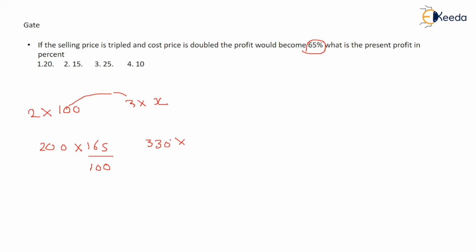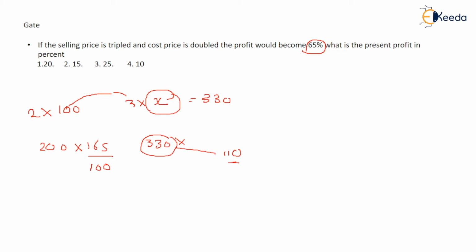And how much is it? Three times x. So you got this value as 330, which means one product is 110 rupees.